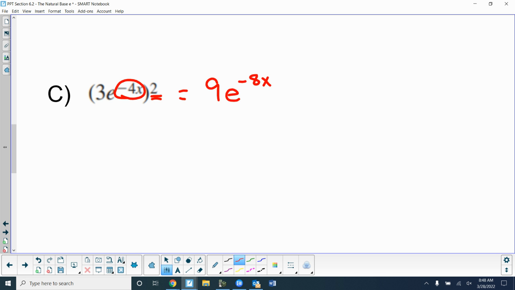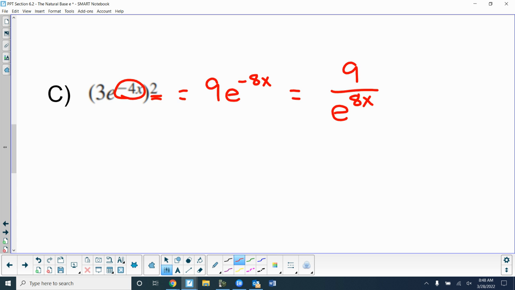No. So what do I do with that? Very good. So the e drops below, and then the negative 8x becomes positive 8x, right? Questions on that? So far, so good? Just simplifying. Same rules you're used to, right?